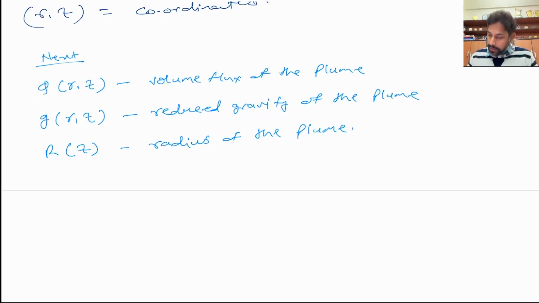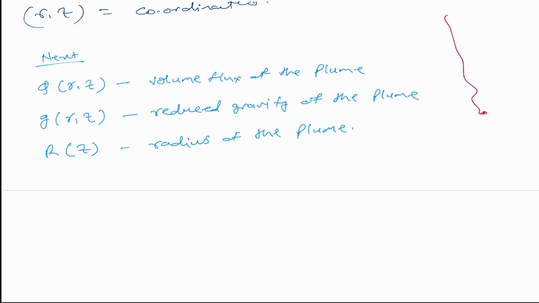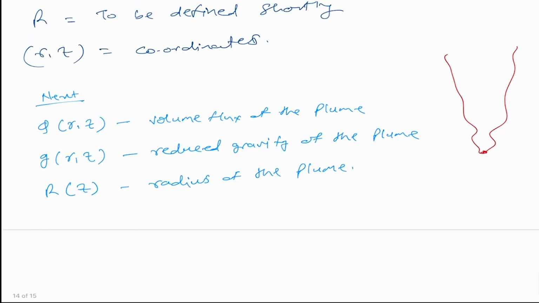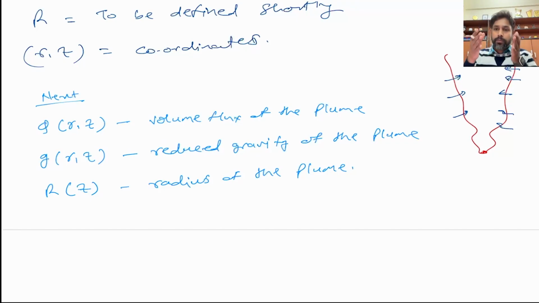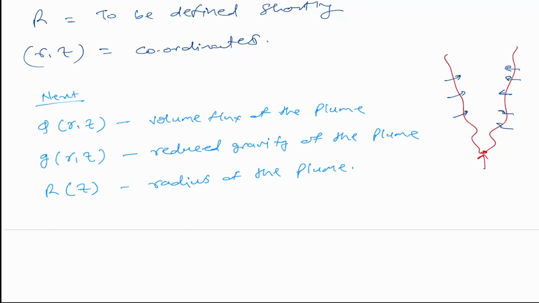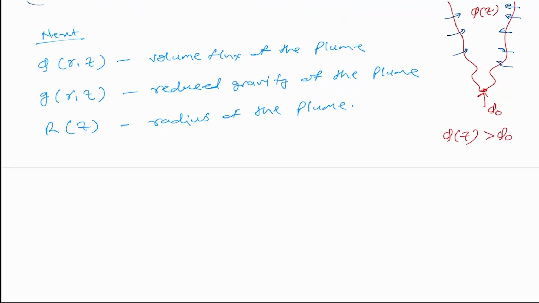Because we have already seen that as the plume rises up, it grows, it entrains ambient fluid into itself, right? There is mixing between the plume and the ambient fluid, and that is why the volume that is going in from here, let's say Q naught, and the volume that we have here is greater than Q naught. So Q of z is greater than Q naught.